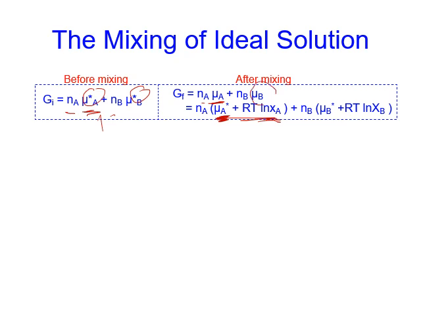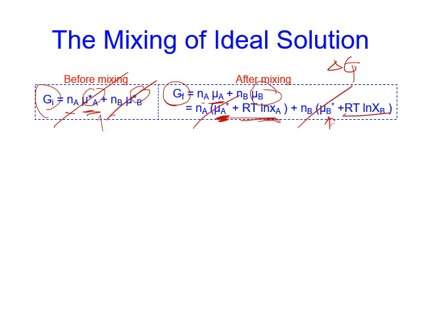Similarly, the chemical potential of B in the mixture, you can write as the chemical potential of B when it's pure, think about this as a standard state or reference state, plus RT ln XB. The delta G of mixing is calculated by final minus initial, and then you can see all the standard states cancel each other.